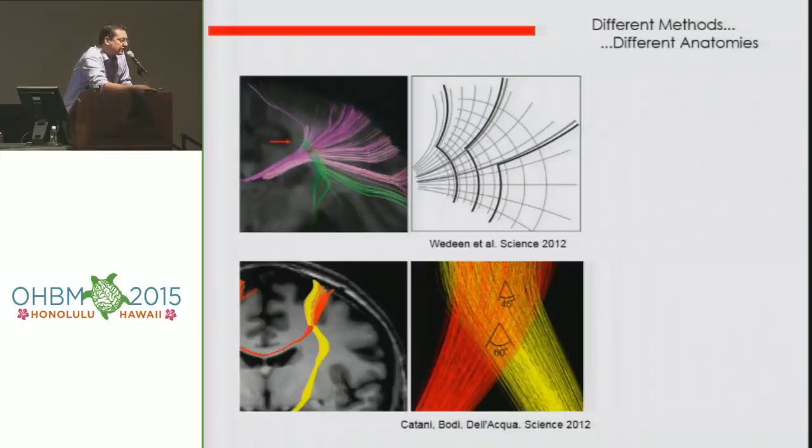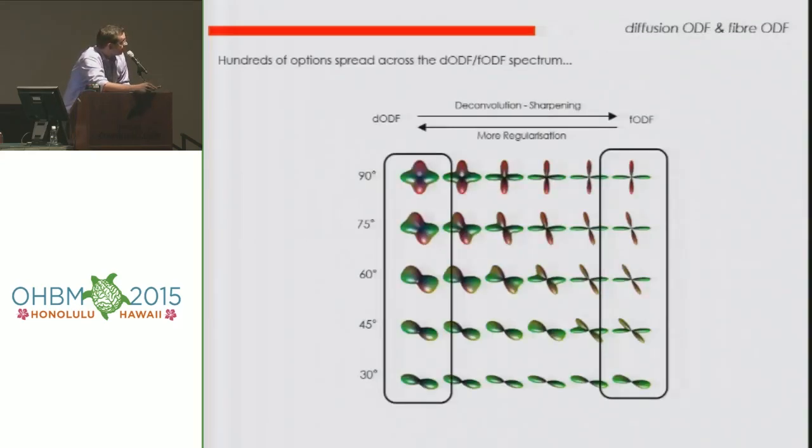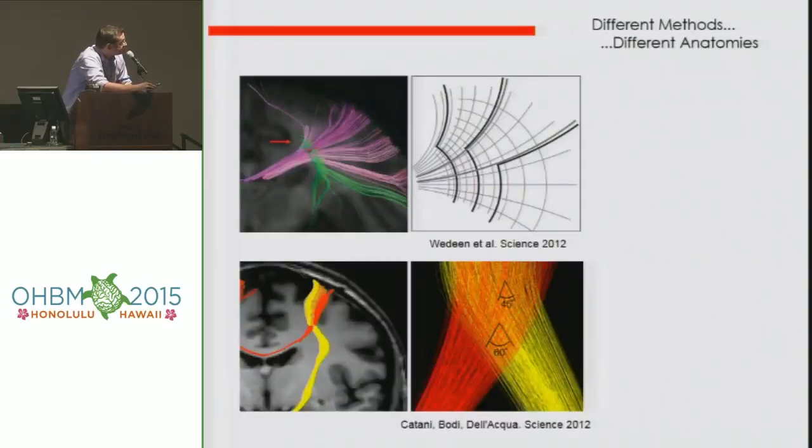Because he was using DSI, with a profile where crossing is mostly resolved between 70, 80 degrees and more, he reported that he was able to see this kind of grid structure. In the original publication, he stressed that the crossings were 90 degrees.